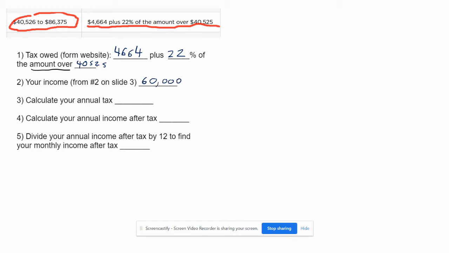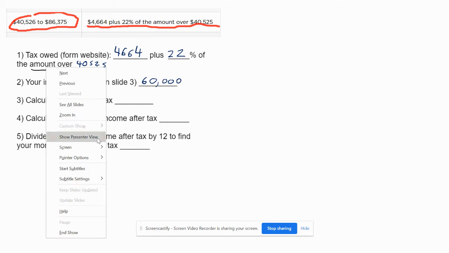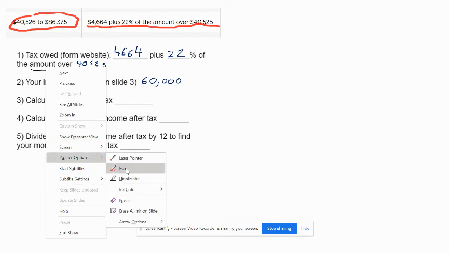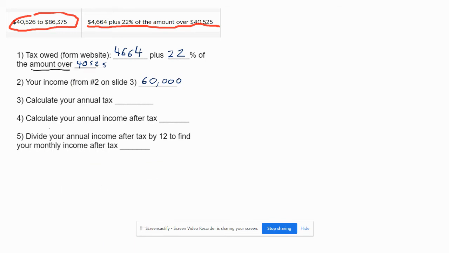Now I need to calculate my annual income tax. This is not as easy as the one single blank on your paper makes it sound. There's a lot of steps to this, so I'm going to demonstrate those steps here on number 3, starting the calculations over here in purple. The first thing I have to do is find the amount over 40,525.